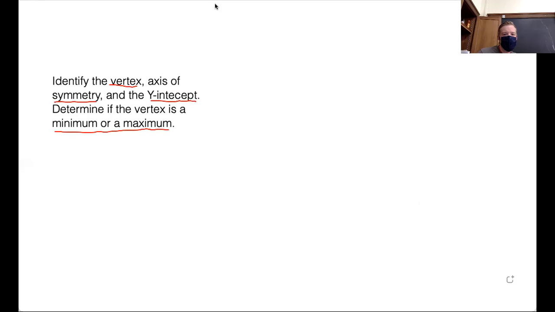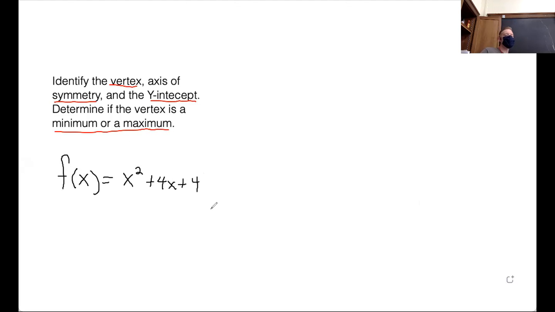All right, so for you all to try, let's have f of x equals x squared plus 4x plus 4.